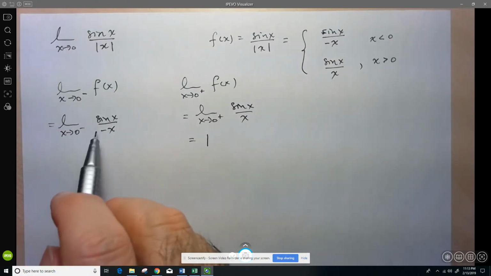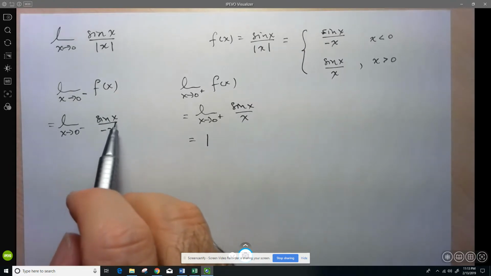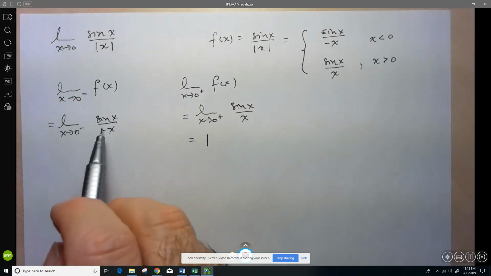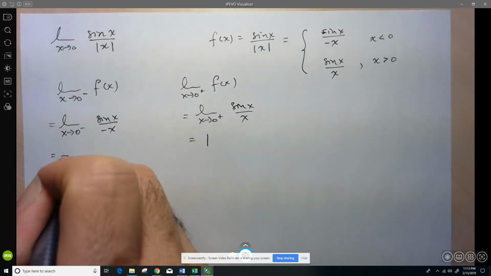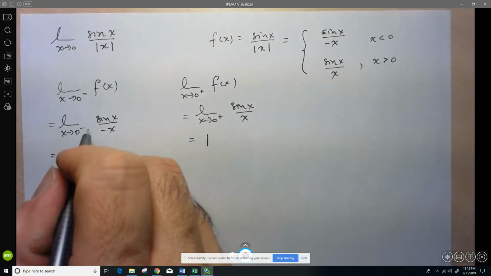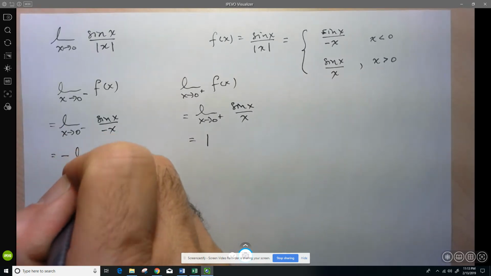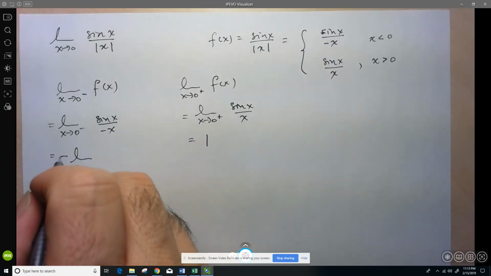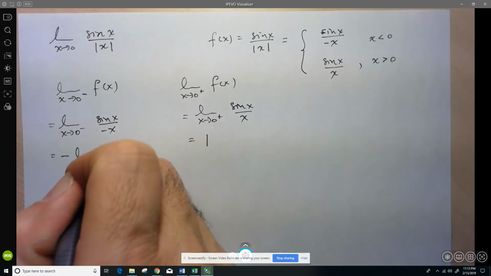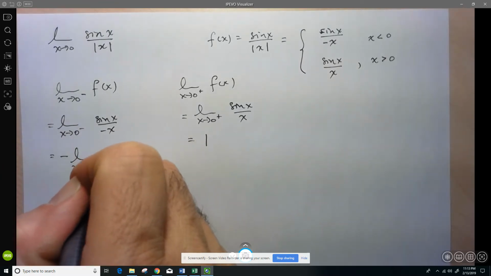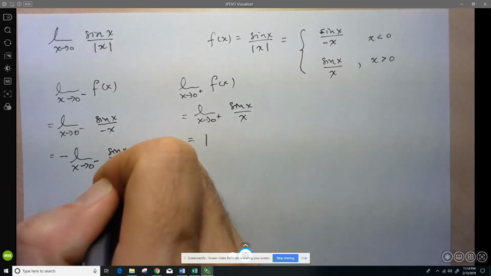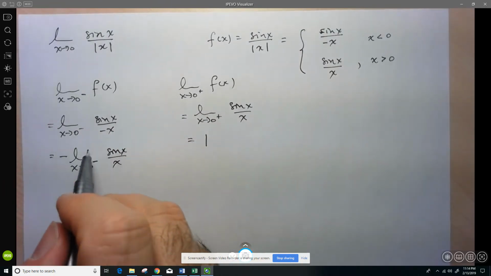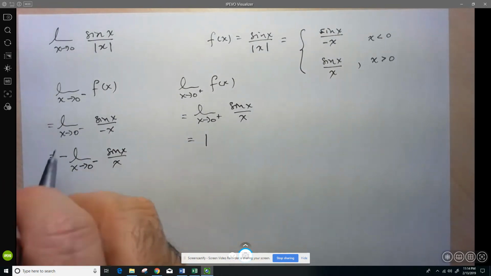From the left here, well, again, I still want to make use of the fact that I know the limit of sine x over x exists as x approaches 0, but I have this negative in the denominator, so I can just remove it because, of course, it's just essentially like multiplying by -1, so it's a constant, so I can just remove it from the limit altogether. So I have the limit as x approaches 0 from the left of sine x over x, and similar to before, we know that this limit exists and we know what it's equal to.